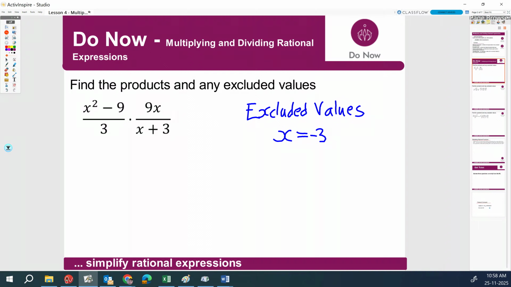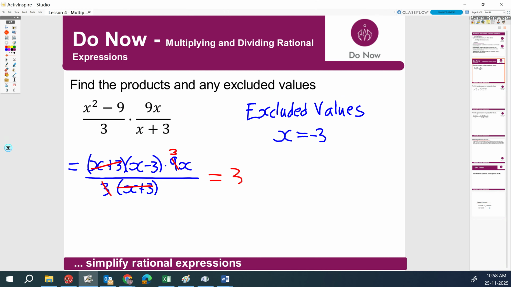So next up we want to factor. We've got x plus 3, x minus 3, multiplied by 9x, over 3x plus 3. Now we can cancel common factors. X plus 3 is a common factor, and this 3 cancels that 9.